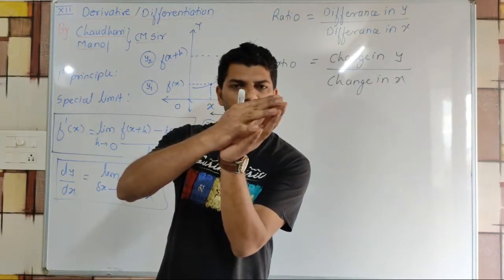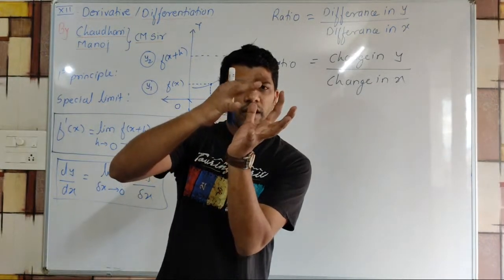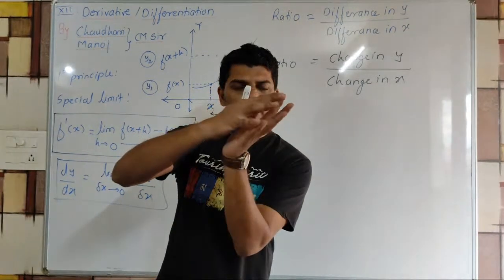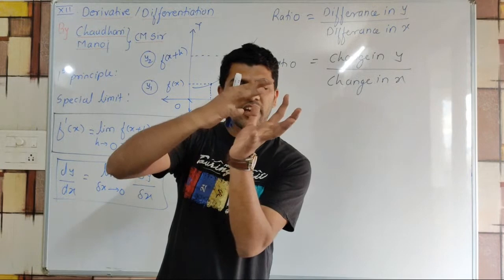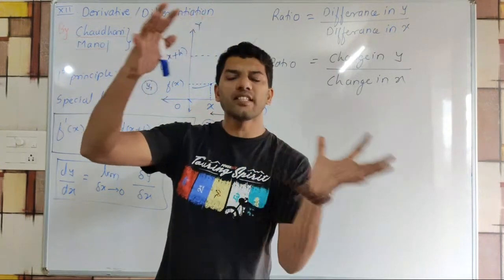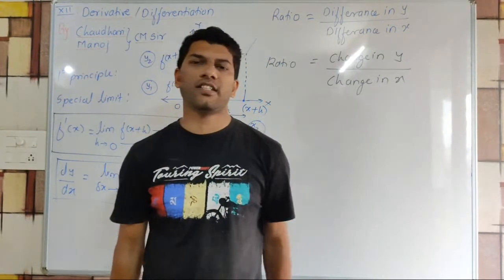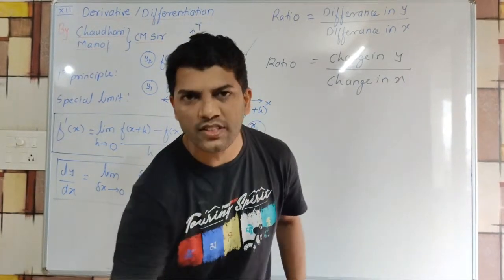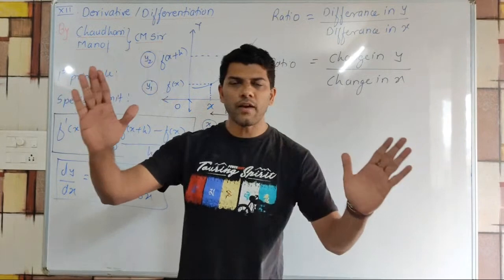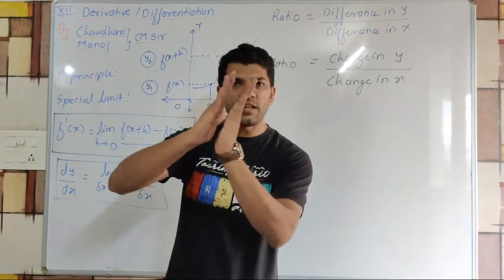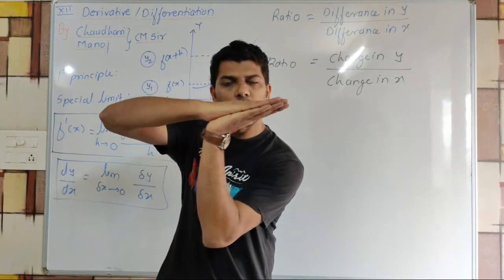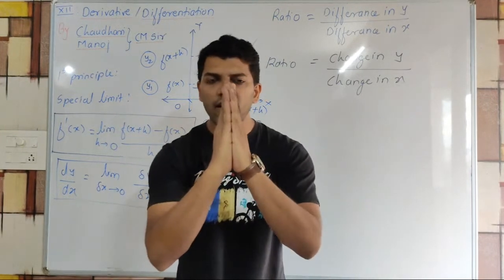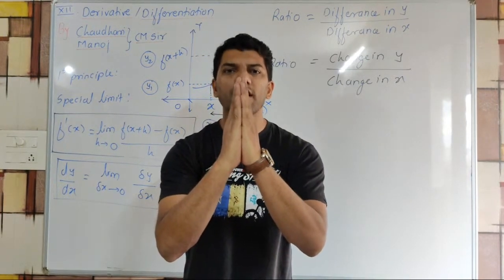Now because of that air, what is happening with the balloon? If you inflate it with air, its volume goes on increasing. So it's a continuous process, friends. I'm talking about derivative, and derivative is applicable to continuous processes. Here initially the balloon was flat, and then we are inflating it with air.